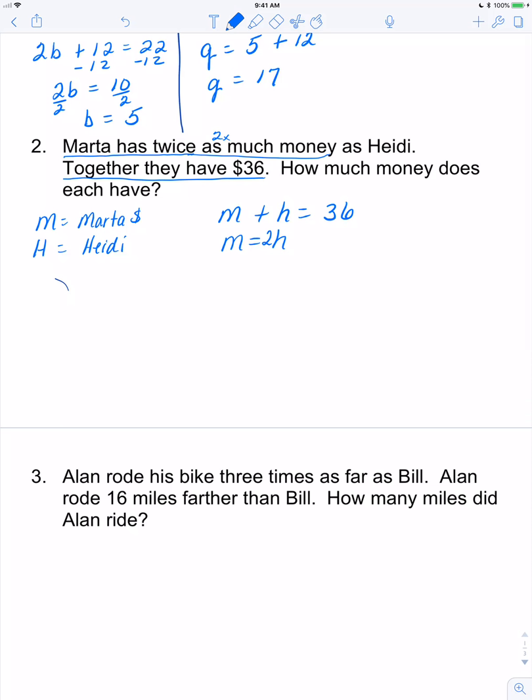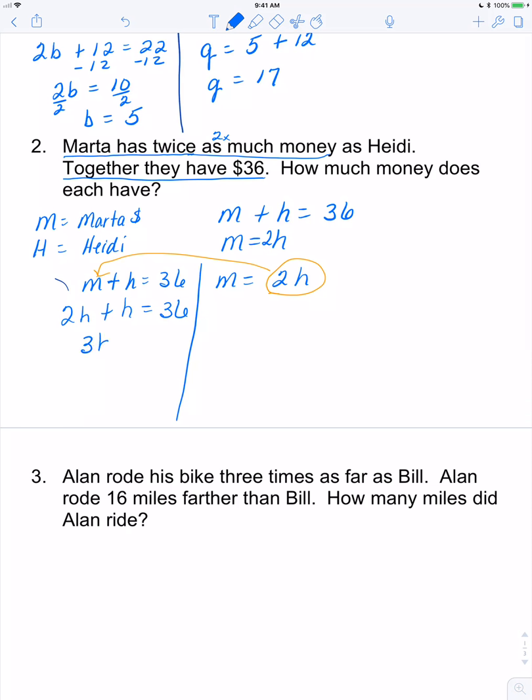We already know M is 2H, so we're going to stick that in this equation for the M. So M is 2H plus the other H is equal to 36. That gives us 3H is equal to 36. So we'll divide both sides by 3.